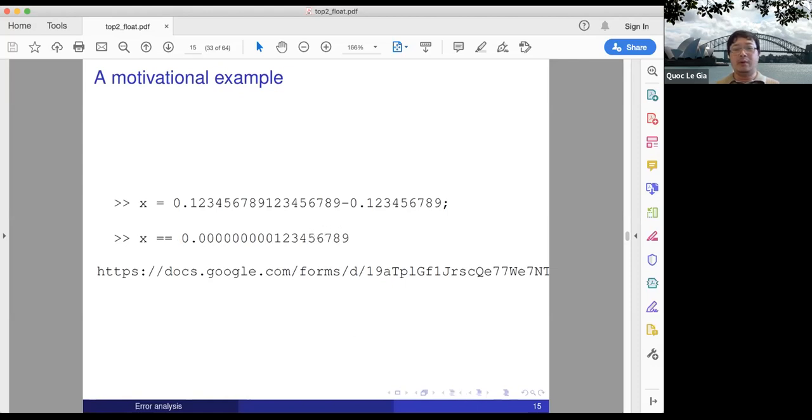So we go to the Google form. The Google form is designed to make sure that you're still awake. It's only 11 o'clock, but who knows, you might have stayed up until 3 a.m. last night. If you go to Google and click on the floating point numbers, you will see 2 questions.